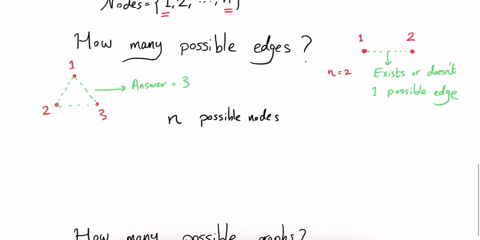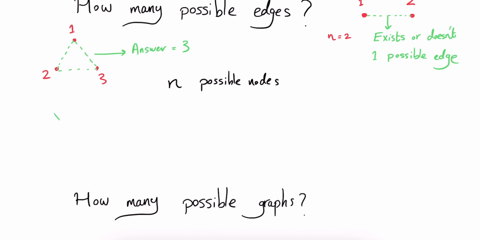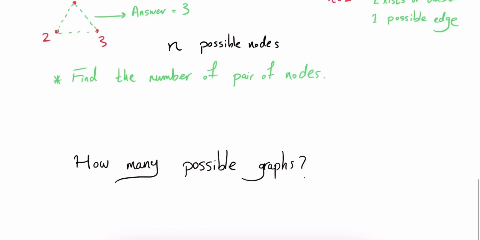So what we need to do in order to solve our example question is to find the number of pairs of nodes. And if you remember your math, we have a very basic concept for this. The number of possible pairs from n choices is simply n choose 2.